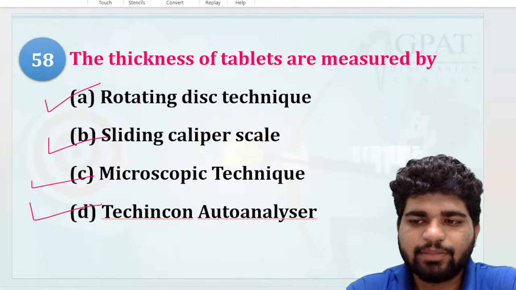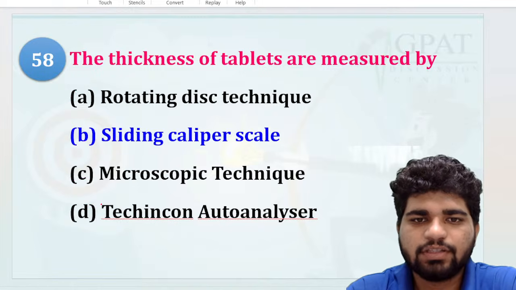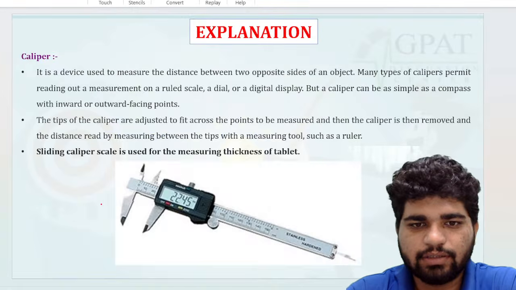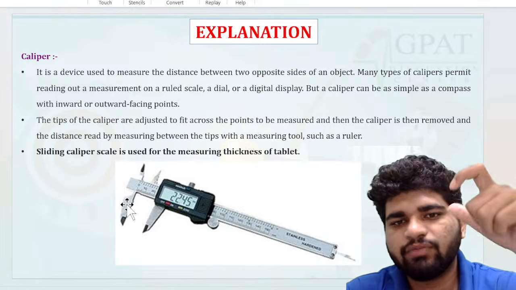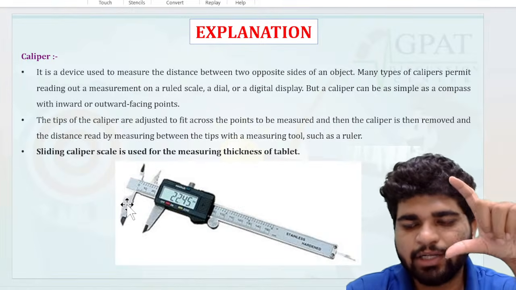The thickness of tablets is measured by sliding caliper scale only, right? Caliper scale only, through which we can identify the diameter over here.